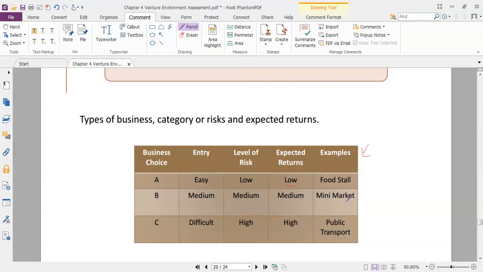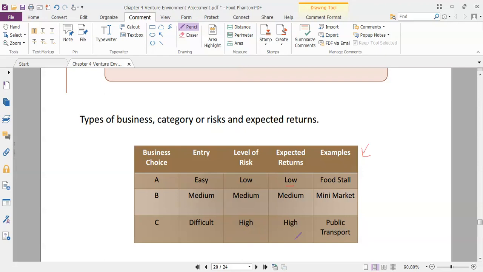If you look at a mini market, the entry is medium, maybe not so easy, but not so difficult. So the level of risk is medium and expected return is medium. How about public transport? Of course, the entry is very difficult. You need to have a big capital, besar, capital yang sangat besar.